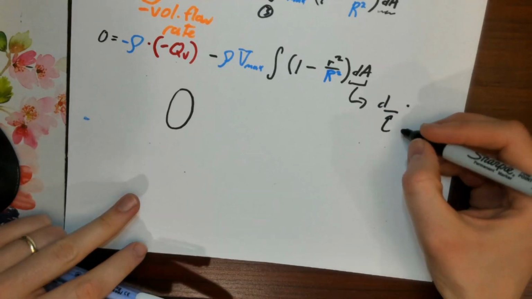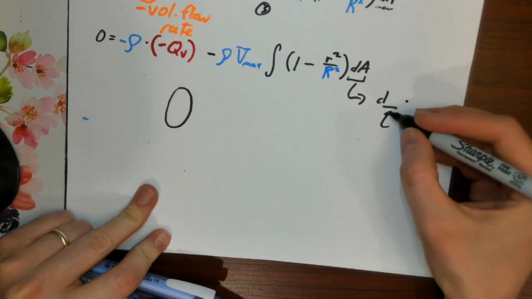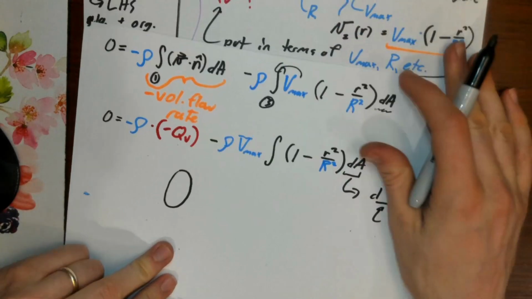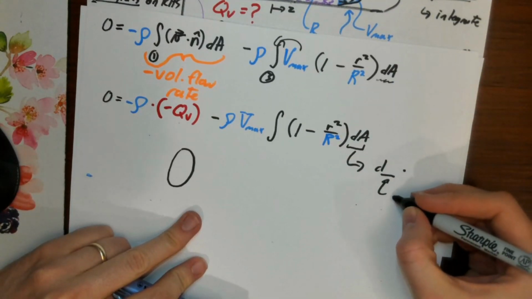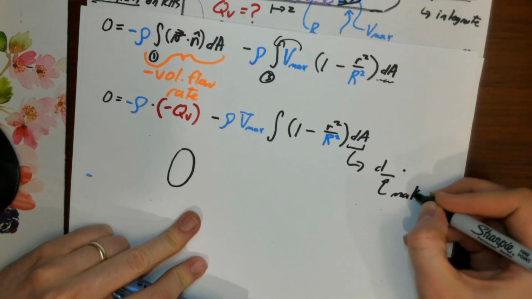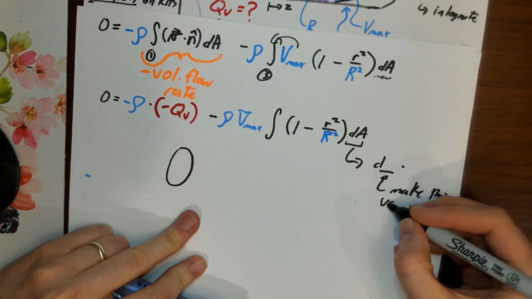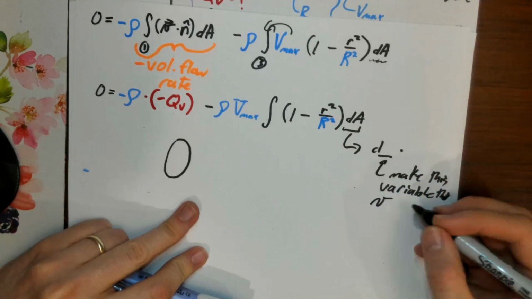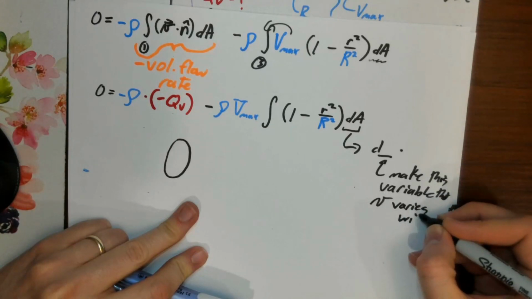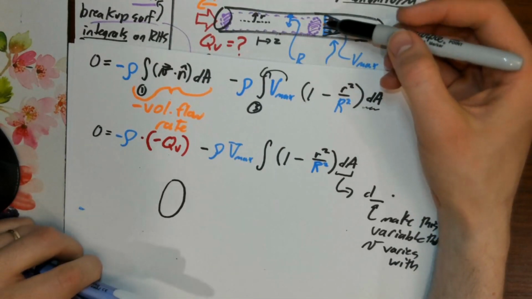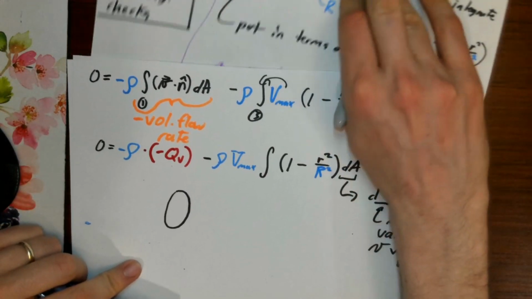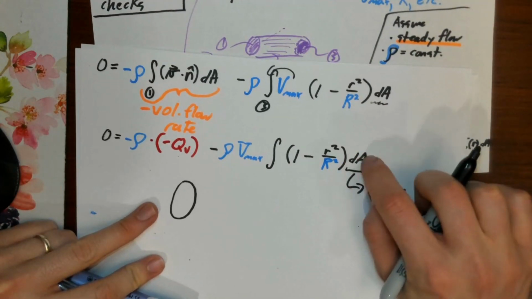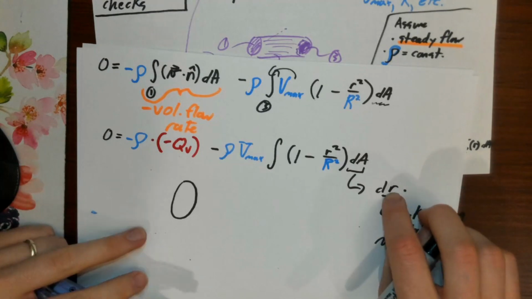Whatever you put here, you want to make this the variable that you want to integrate with respect to, the variable that your quantity varies with. In this case, what variable does velocity vary with? It varies with r, right? Vz varies as a function of r. So the way to break up dA is to have one of our little chunks be dr.